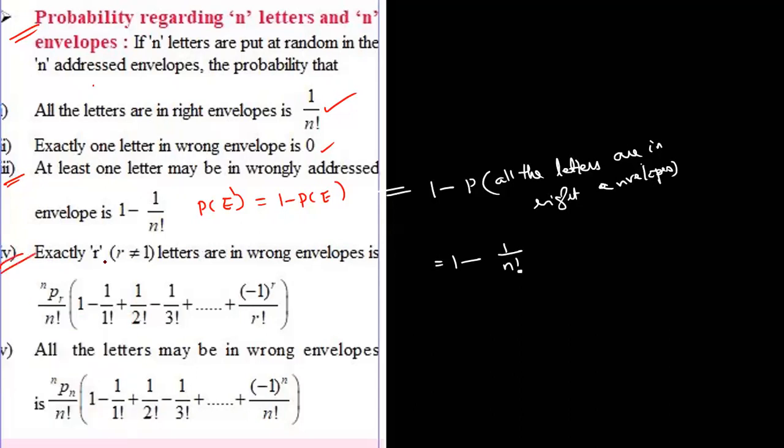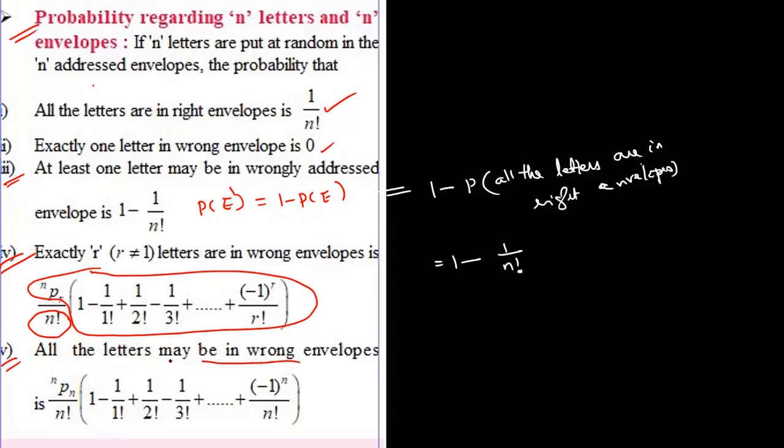Next, exactly r letters are in the wrong envelopes means what? nPr by, this is the favorable cases. What is this? Sample space. That's the meaning. So this is the derangement. All the letters may be in the wrong envelopes. No one receiving their own umbrellas concept we discussed earlier. Same like this one. nPn into 1 minus 1 by 1 factorial plus 1 by 2 factorial.